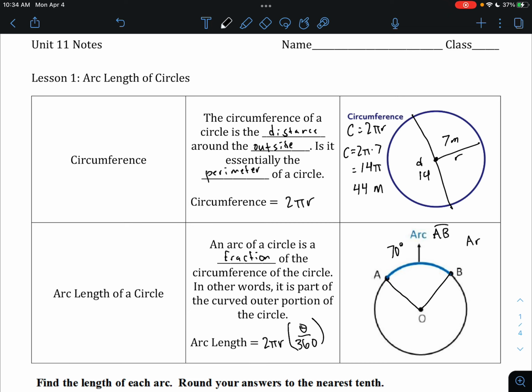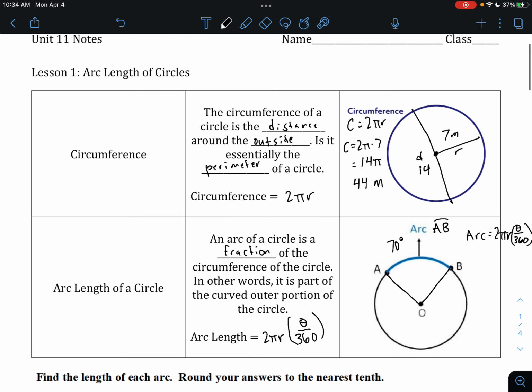So the arc equals 2 pi r times theta over 360. Two pi times, let's say our radius is still 7.